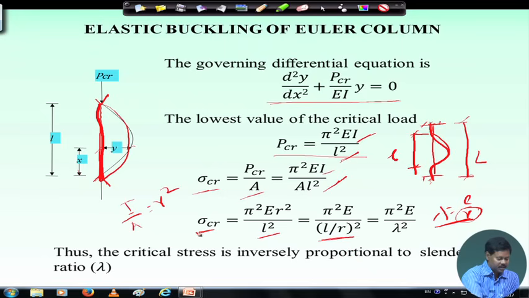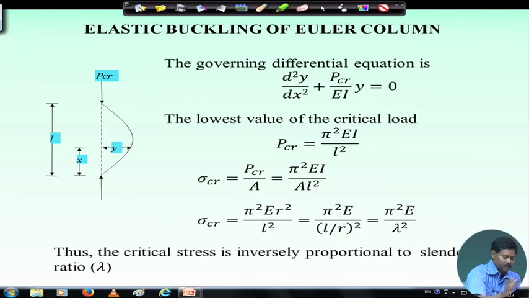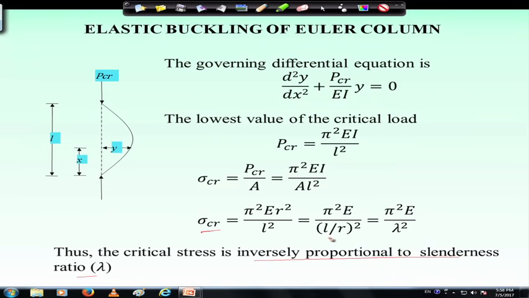So, the critical stress sigma_CR can be found as pi square E by lambda square, where lambda is equal to L by r. So, we can see that critical stress is inversely proportional to the square of the slenderness ratio, that is, to its length, right.